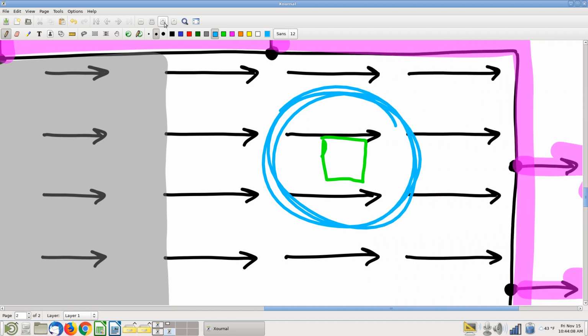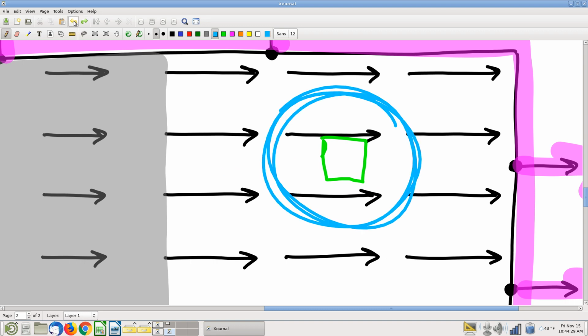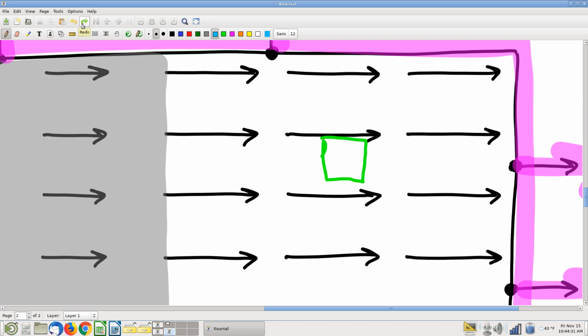Well, look, the field is coming in like this, right? So there's a certain negative amount of flux that's happening on this edge. Negative because it's going the wrong way. It's going inward instead of outward. So there's negative flux there, but then over here on this edge, same vector field is now going the right direction.